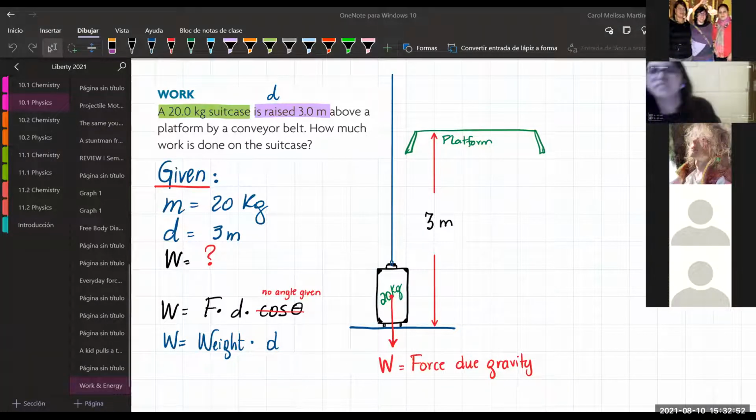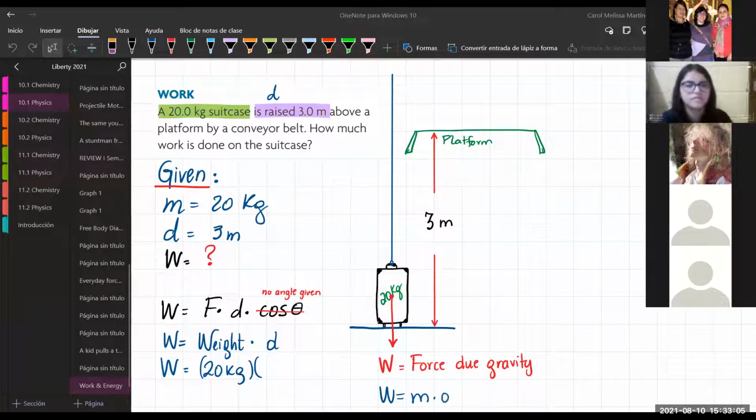So this work in the end is going to be equal to the weight of the suitcase, that is 20 kilograms times gravity. Remember that weight is equal to mass times gravity, okay?